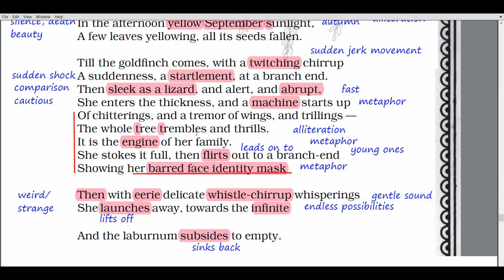So after feeding them from the thick end of the branch, she is moving to the very end of the branch to take a flight. So she's preparing to take a flight, showing her barred face identity mask. A goldfinch bird has a dark colored striped face.